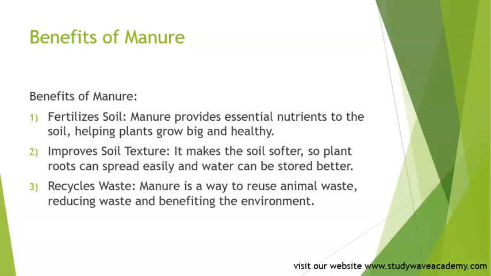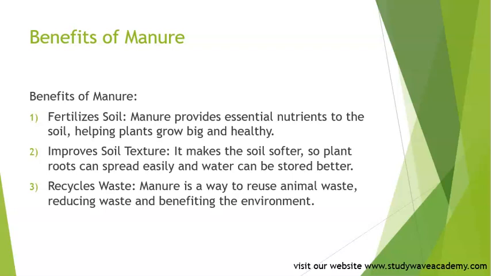So it makes the soil softer so that the roots of the plant can spread easily and water can be stored better. Plants need water. So manure helps the soil to be able to save enough water for the plants. Recycle waste.